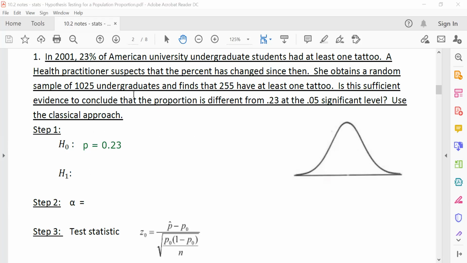Now she's testing whether or not this proportion is different from 0.23. So she's testing that it's not equal to 0.23. Let me draw a little slash through it.